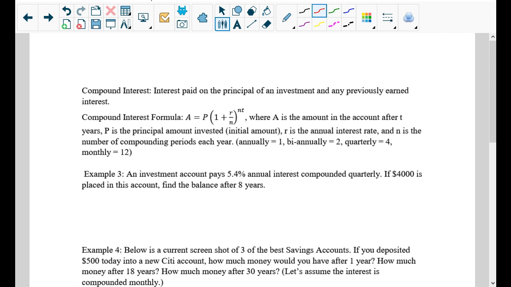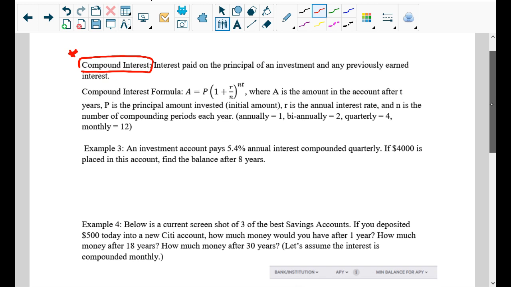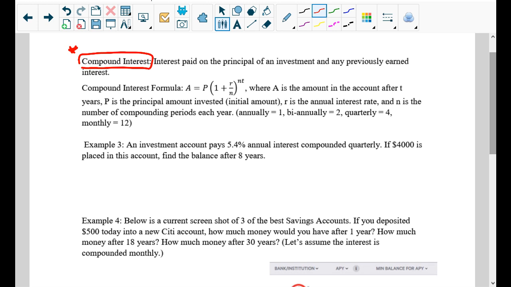Alright, we got a couple more word problems here. So we have compound interest. Again, this is one that would probably be pretty useful down the road. How much money can I invest? How much am I going to get back in return? It's just a formula here.